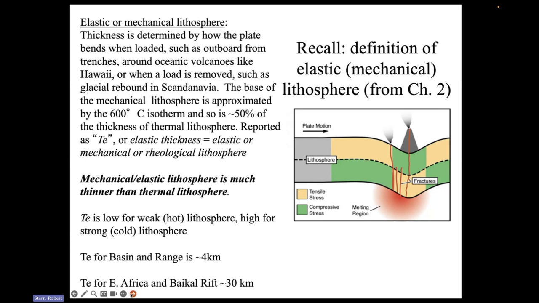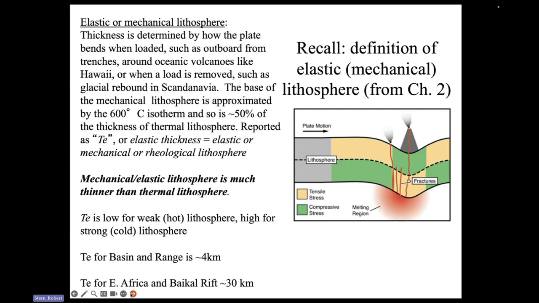Or around oceanic volcanoes like Hawaii, where you're putting a load on the lithosphere, a big pile of volcanic rocks, or when a load is removed, such as, let's say we had an ice sheet on top of Scandinavia a few thousand years ago, and we've removed all of that, and the lithosphere is going to relax.